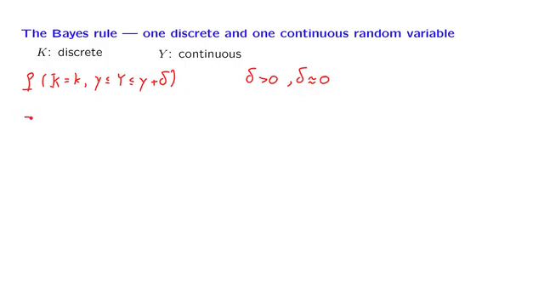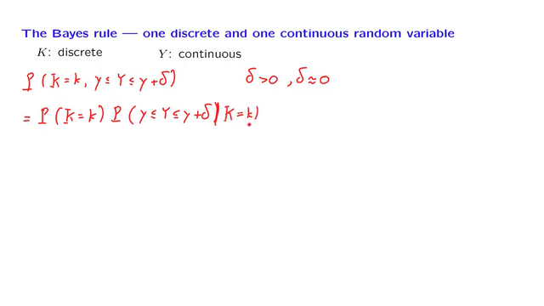So now we use the multiplication rule. The probability of two events is equal to the probability of the first event times the conditional probability of the second event given that the first event has occurred.